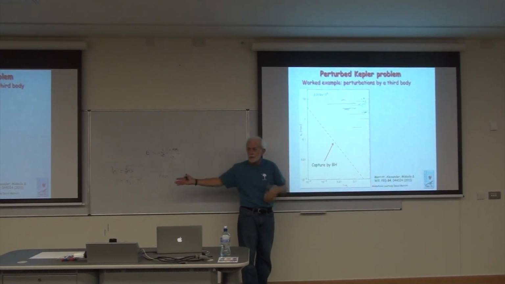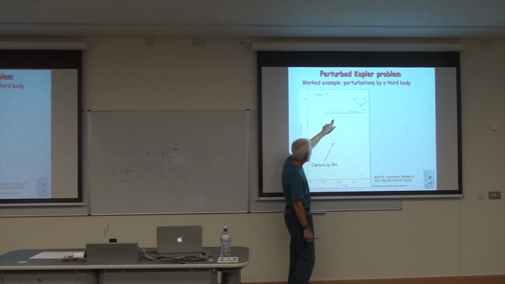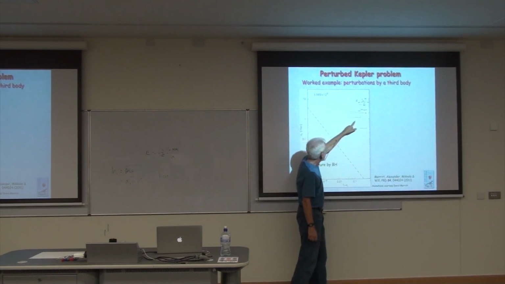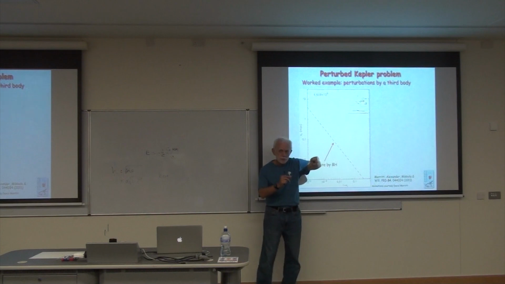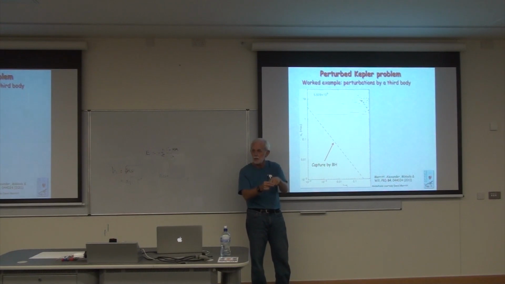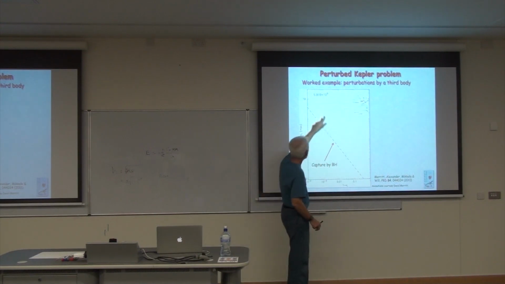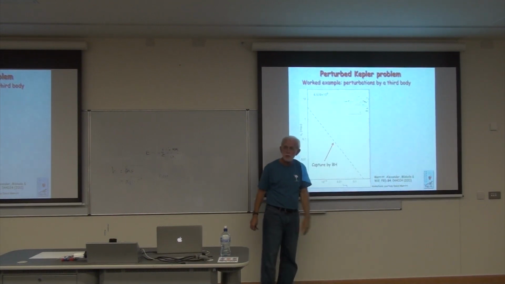Again, that's conservation of energy, a doesn't change because they don't interchange much energy with each other. But their eccentricities change, and if the eccentricity gets so high that the pericenter of the orbit gets close enough to the black hole, the star will be captured by the black hole and not come back up. It will disappear from the cluster.